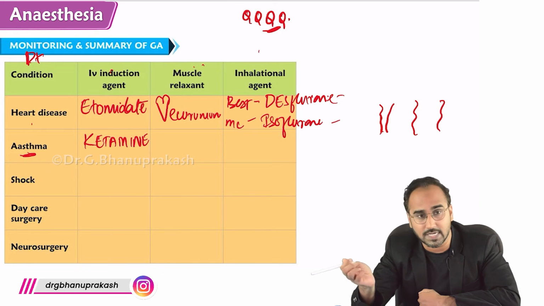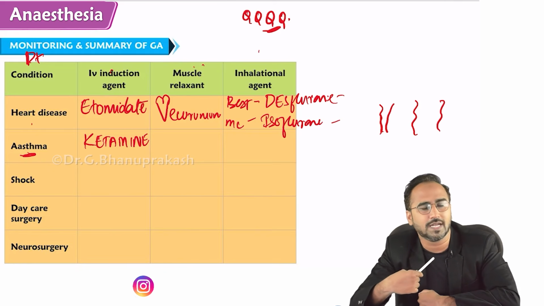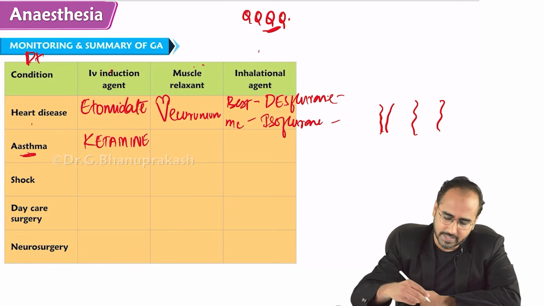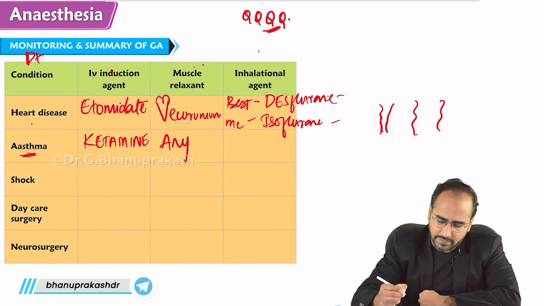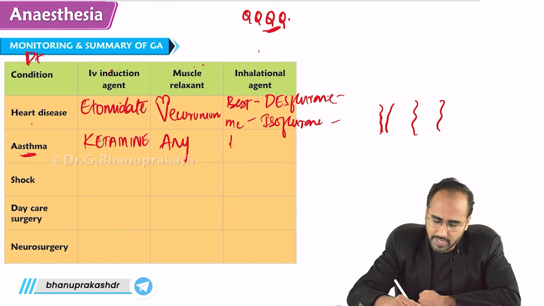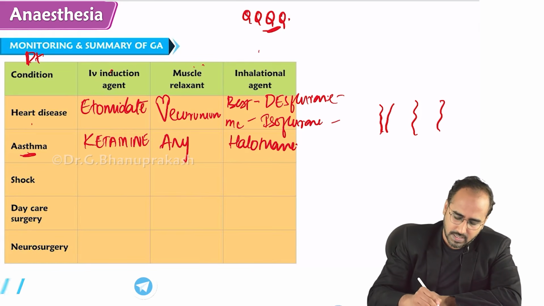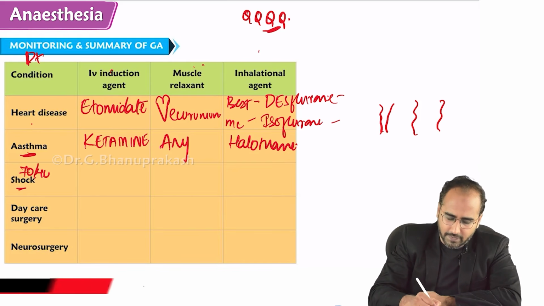I told you ketamine is the worst enemy of CNS and friend of others. Friend of respiratory means it will cause bronchodilation. Muscle relaxant: any muscle relaxant can be given in asthma. Inhalational agent of choice in bronchial asthma, come on guys, halothane.